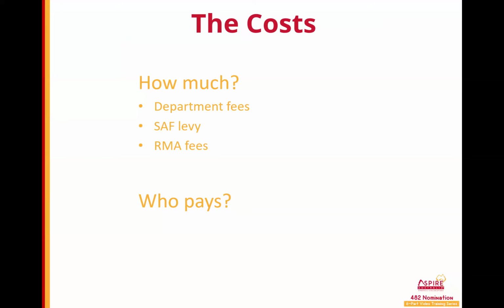And if you engage a registered migration agent, then fees payable to the migration agent. Some of those fees may be paid by either party. However, the department fee for the nomination and the SAF levy may only be paid by the employer.